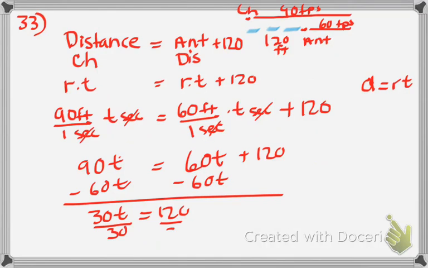Divide by 30. And T is equal to 4. Now take it back to the story. How long will it take the cheetah to catch up to the antelope? It will take the cheetah 4 seconds. Okay, that's number 33.